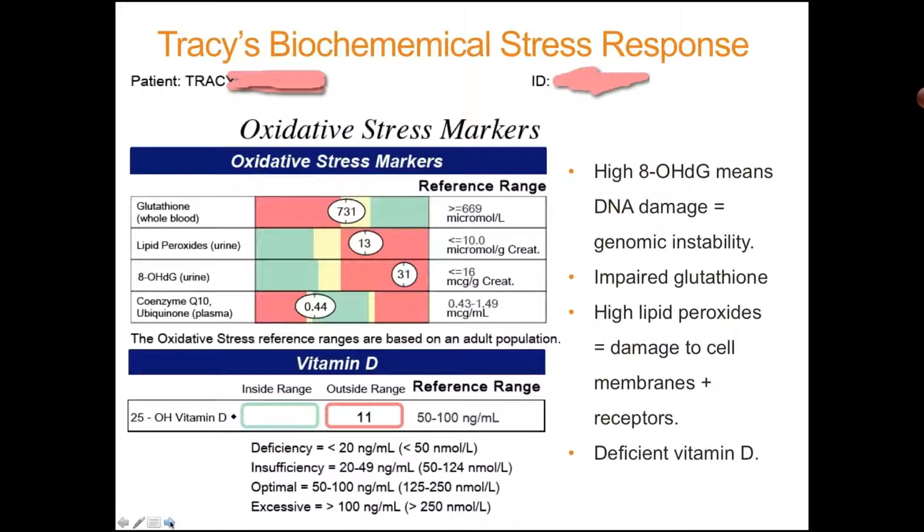So just because of these markers, lipid peroxides are kind of high, and there's damage to DNA.